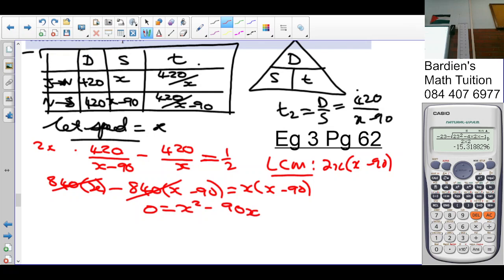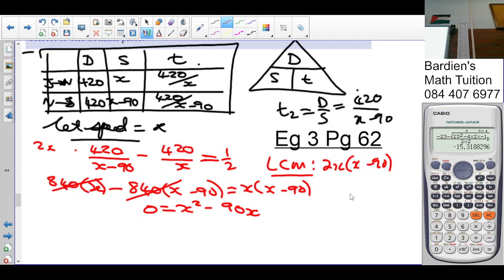Now negative 840 times negative 90 gives you an answer of positive. So this comes to be a negative here. No? So a negative times a negative is a positive.